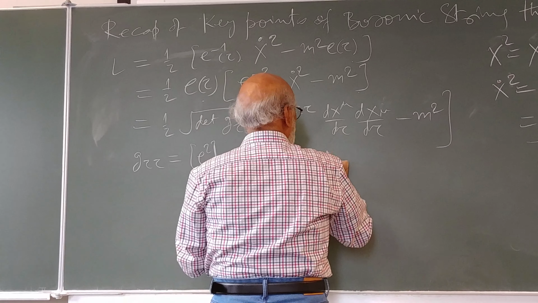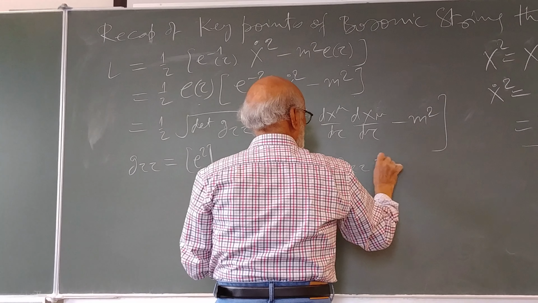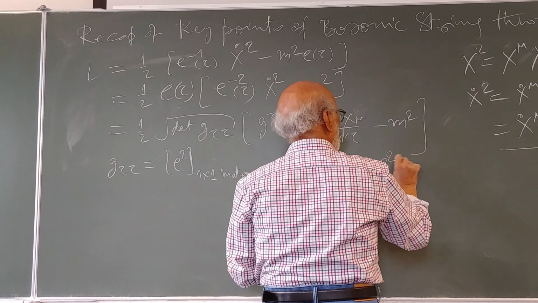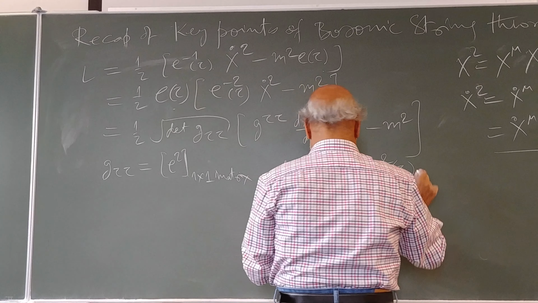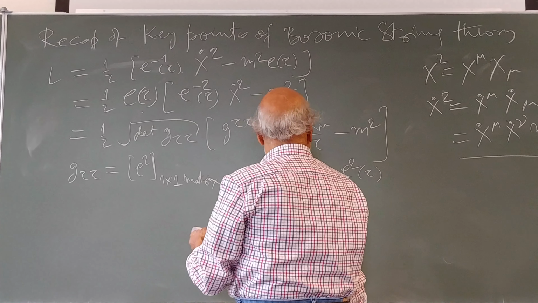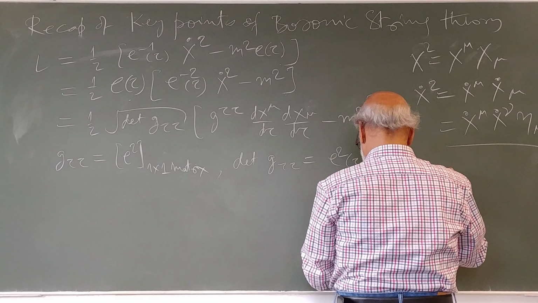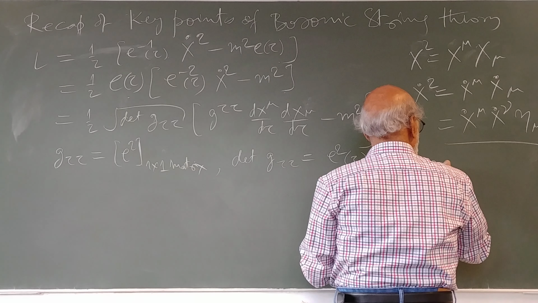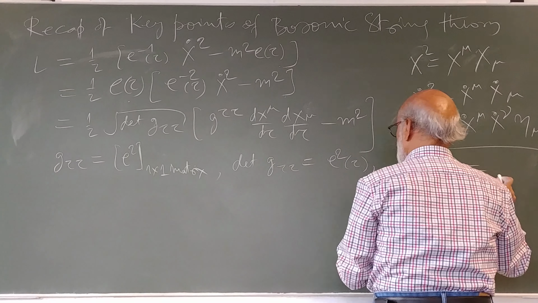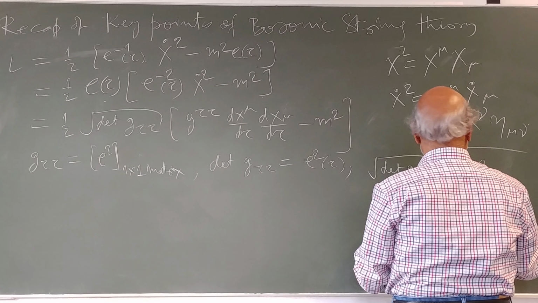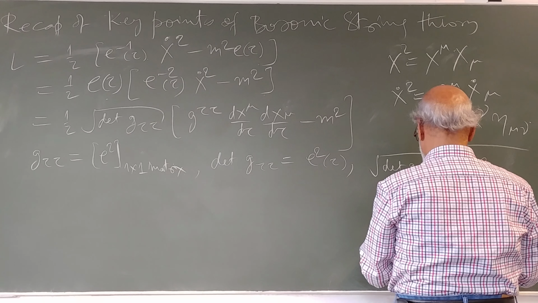So its determinant g tau would be e square of tau, and the square root of the determinant would be just e of tau.